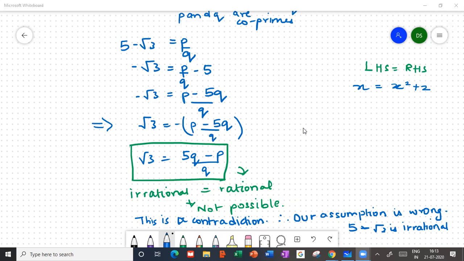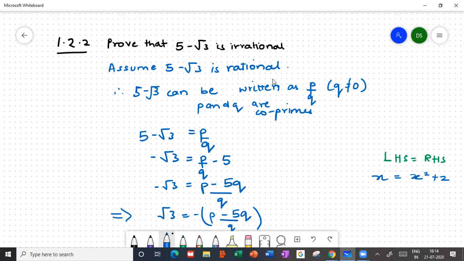Okay, so if you got this sum, can you solve? How can we prove RHS is rational? I didn't understand. Okay, so basically, let me go back up. If you read the first statement, it says we are assuming that 5 minus root 3 is rational, right? If that is rational, we are writing it in the form of P by Q. This is how you represent rational numbers, isn't it?